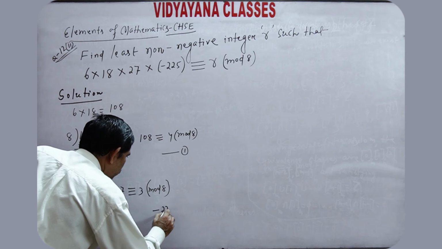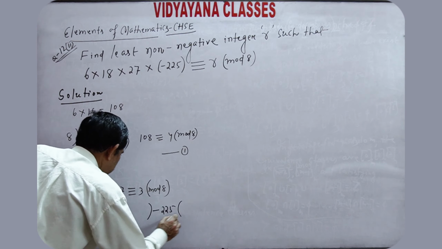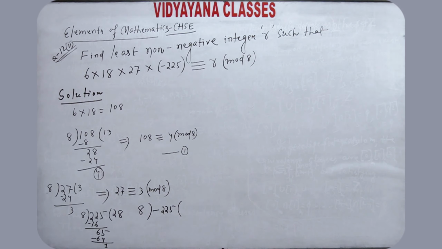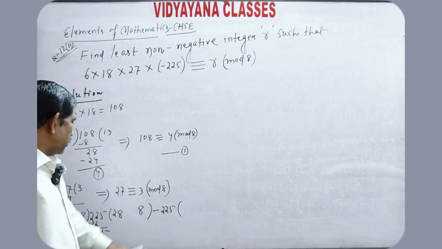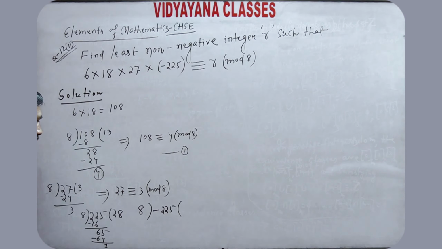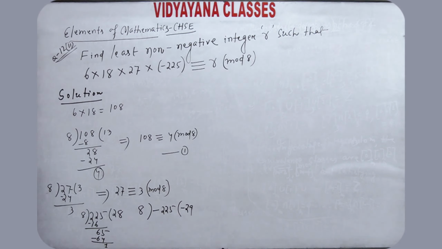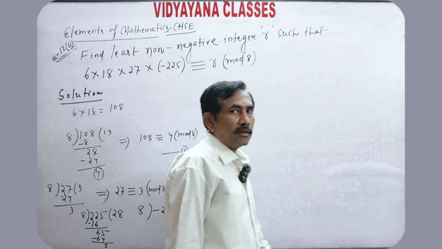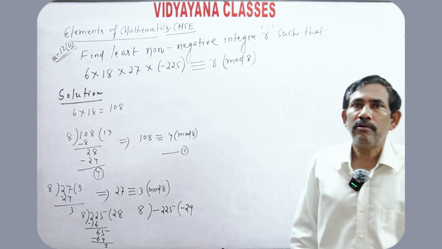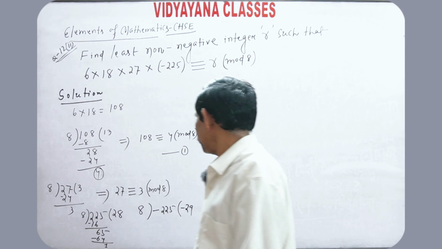Minus 225 divided by 8: here the quotient would be 28, but in this case the quotient will be minus 29 to obtain the remainder as positive. By the division algorithm, the remainder is always greater than or equal to 0.